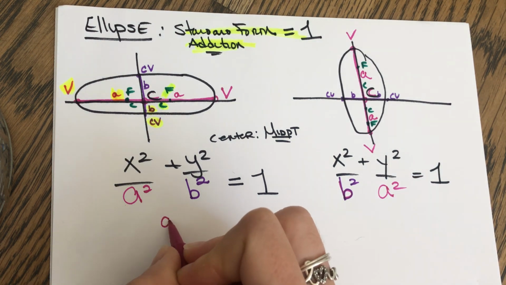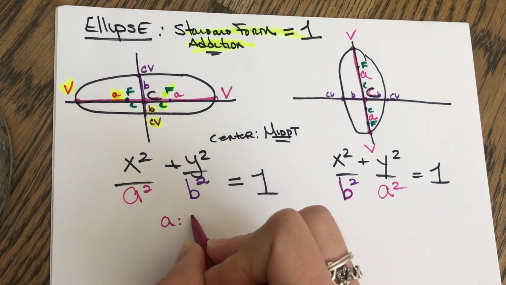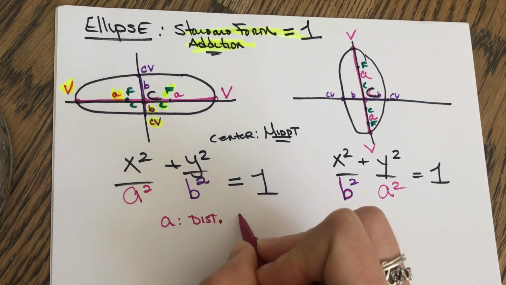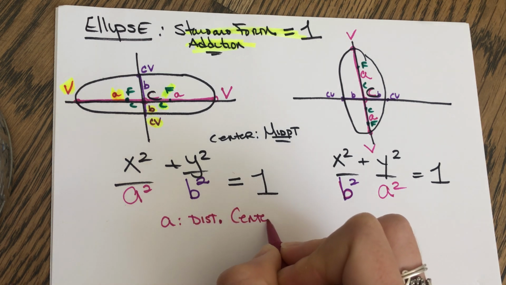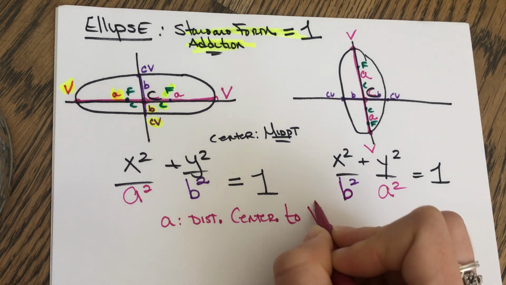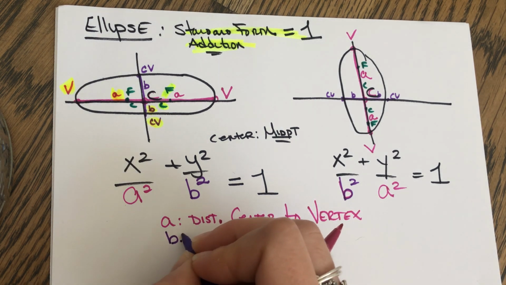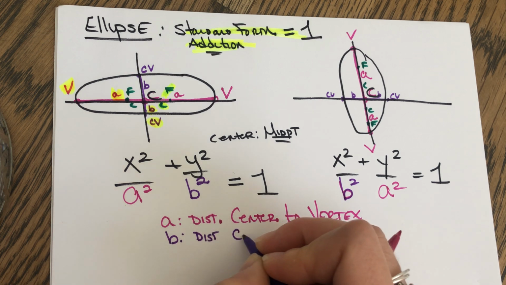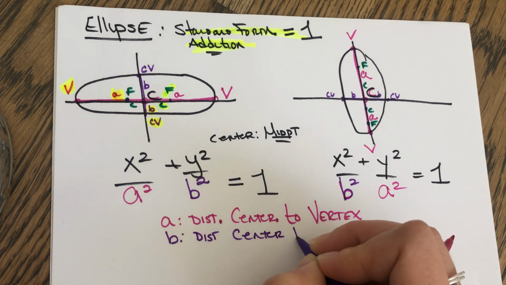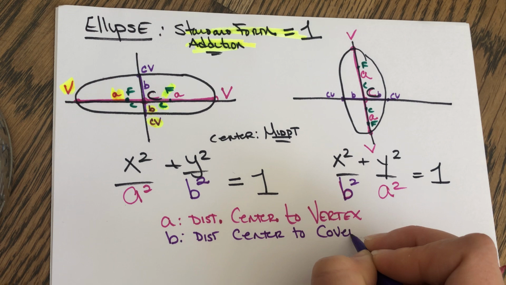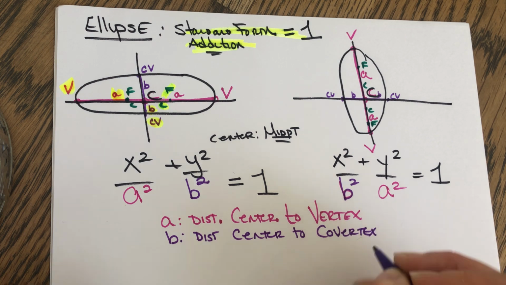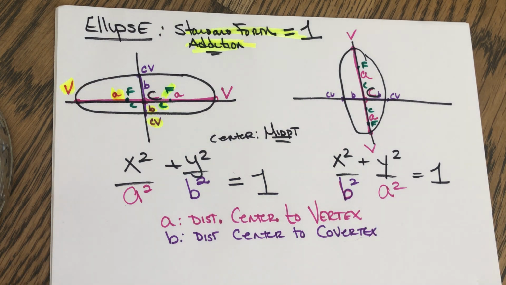So if you can jot a quick note, A is the distance from center to vertex. B is the distance from your center to covertex. Just so you remember the letters that correspond.